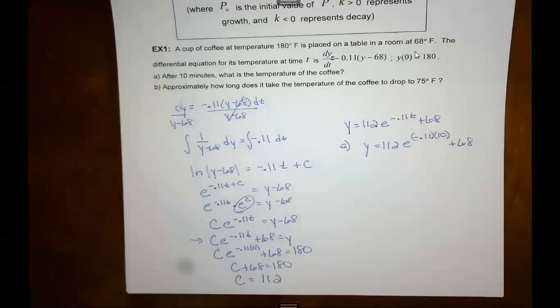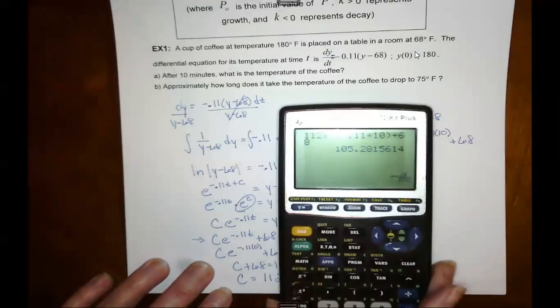So we'll type that into the calculator here. 112 e to the negative 0.11 times 10 power plus 68. So here it is.